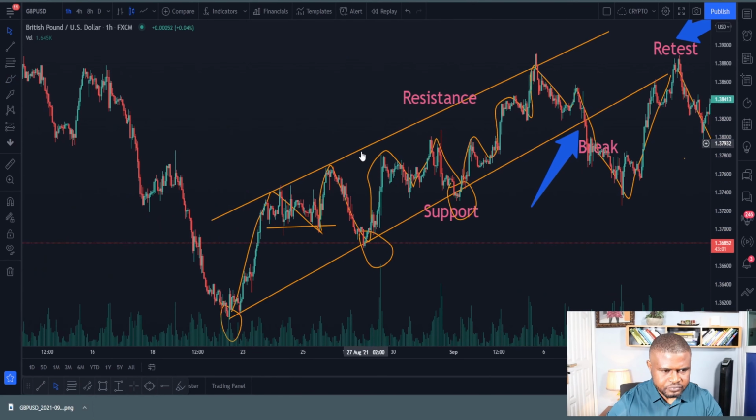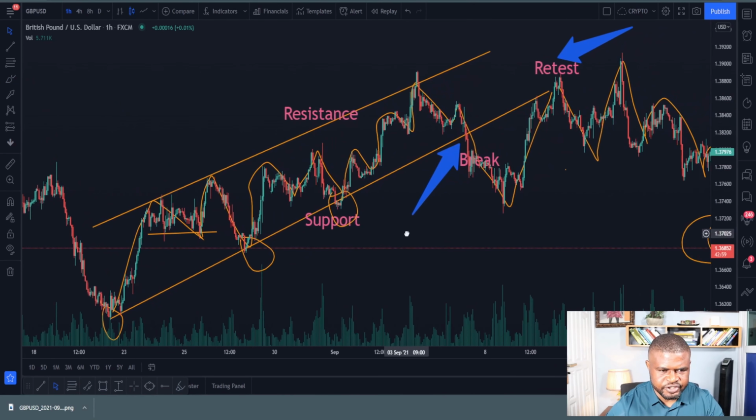Now there are points you need to note here. When a support breaks and it retests, that support level that got broken becomes resistance, and it is at the retest level that you can determine if the support level that got broken can now hold as a resistance.